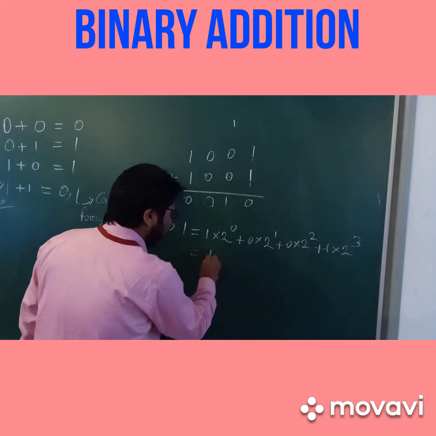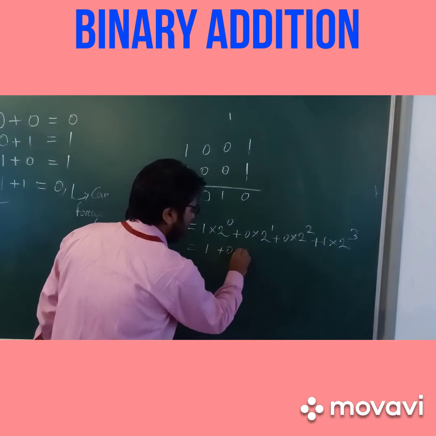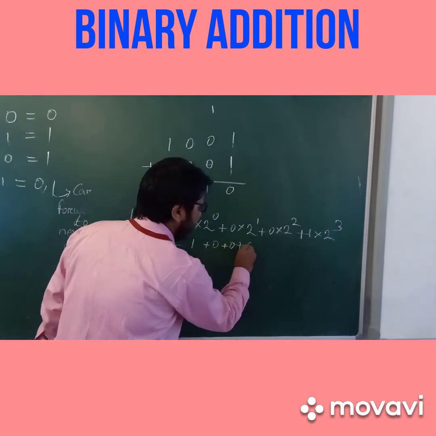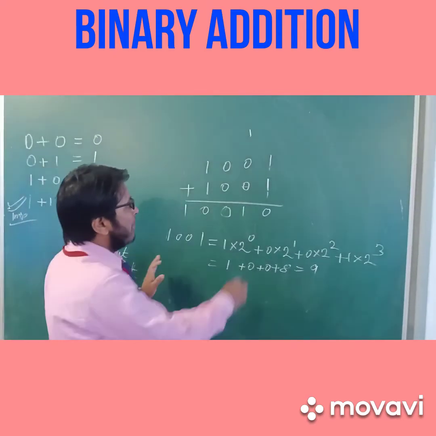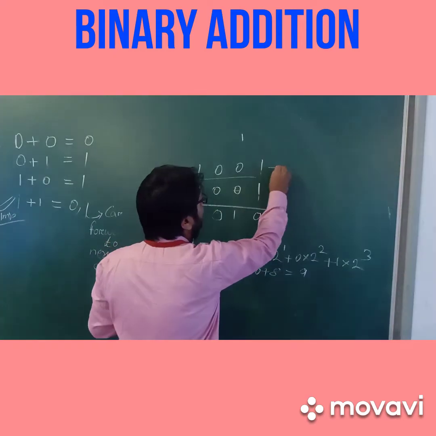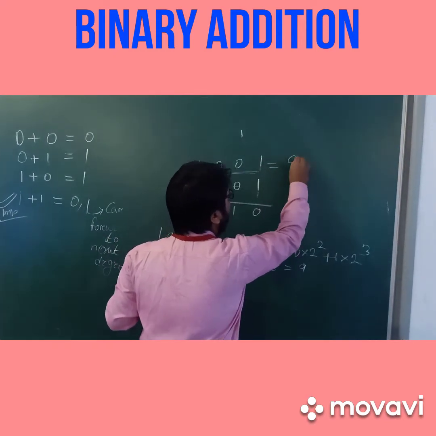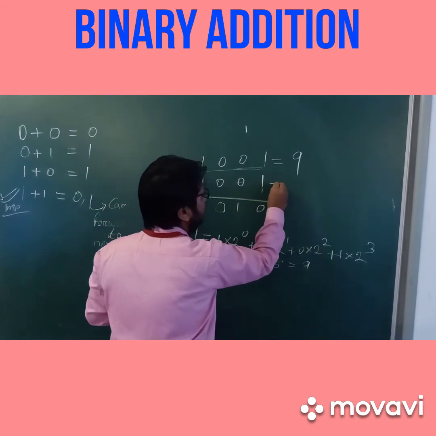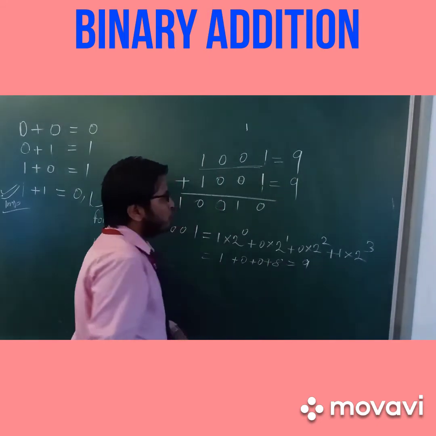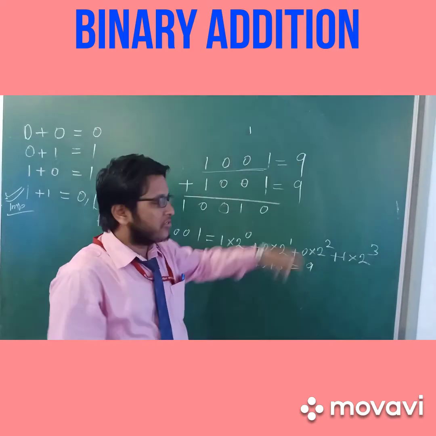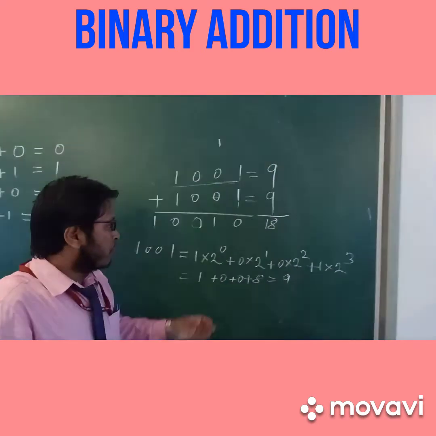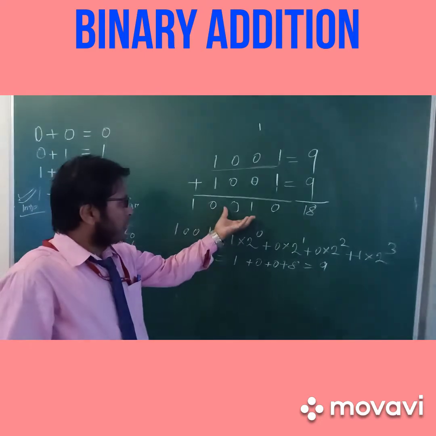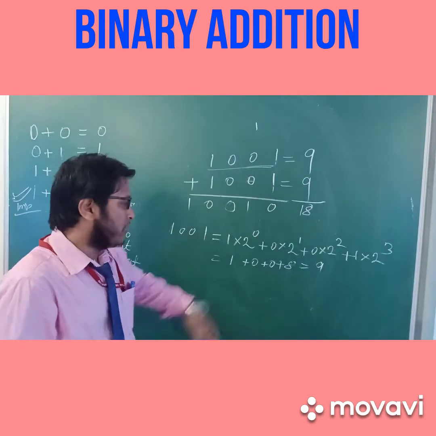That means 1 plus 0 plus 0 plus 8 is equal to 9. So the decimal of this number is 9, and this one is also 9. When you add 9 plus 9, in decimal it is 18. You check whether 18 is coming or not.